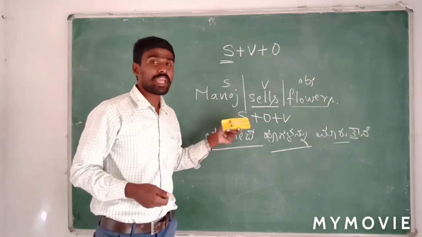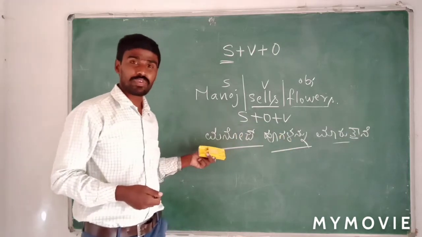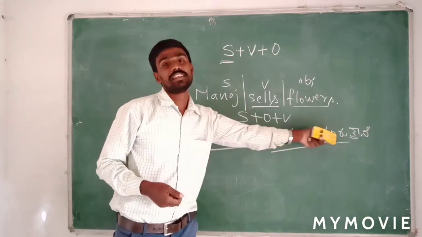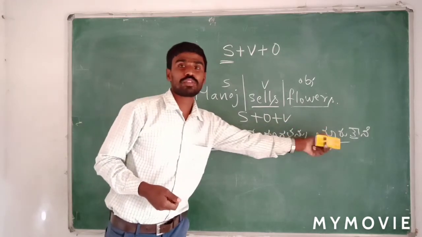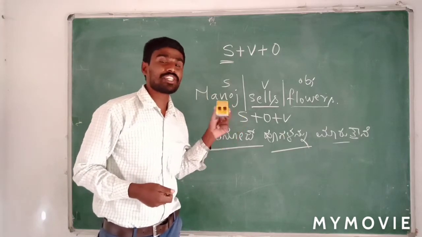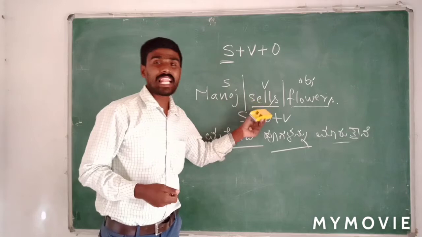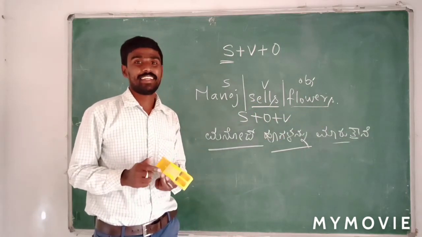In Kannada we have the SOV pattern. In Kannada we write first subject, then object and verb. Manoj ಹೂಗಳನ್ನು ಮಾರುತ್ತಾನೆ. If you write this sentence in English, Manoj sells flowers. So this is a basic thing that you should understand, right?